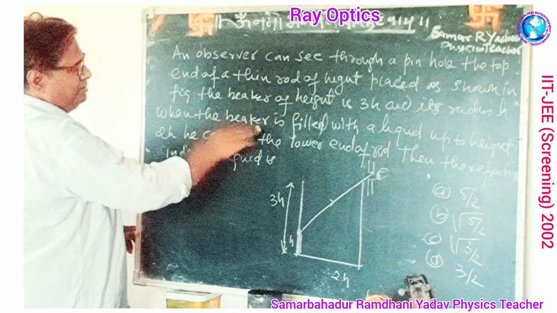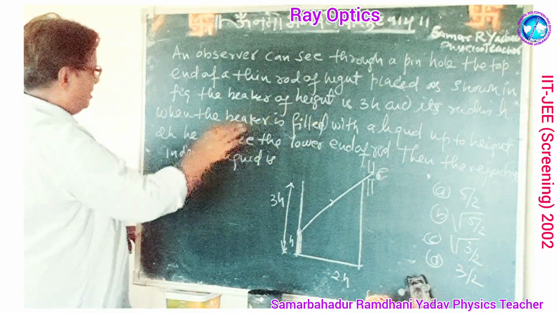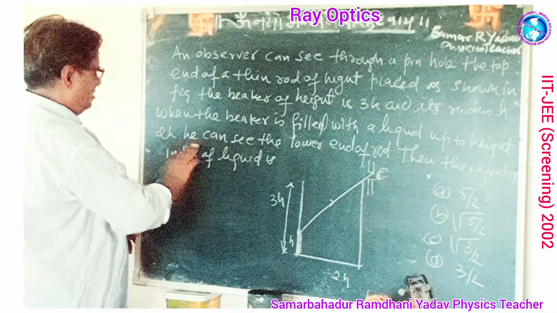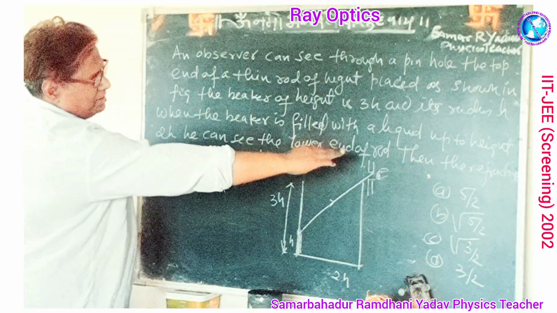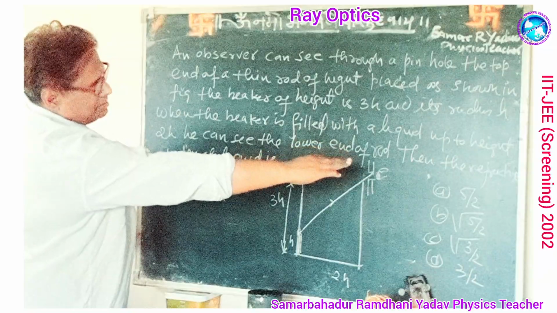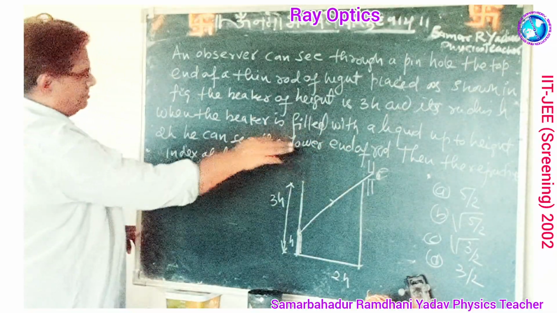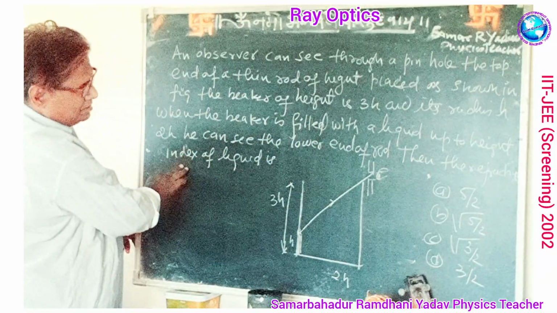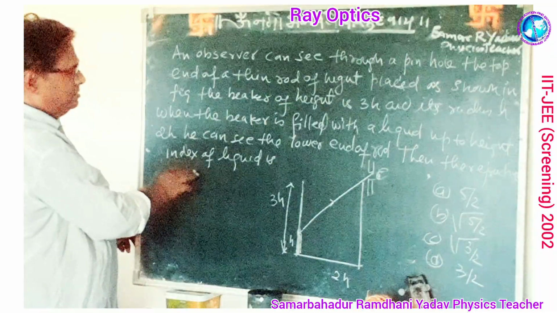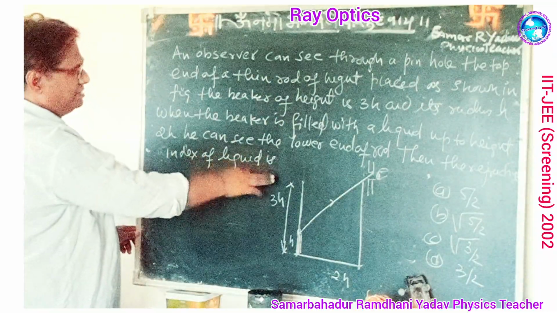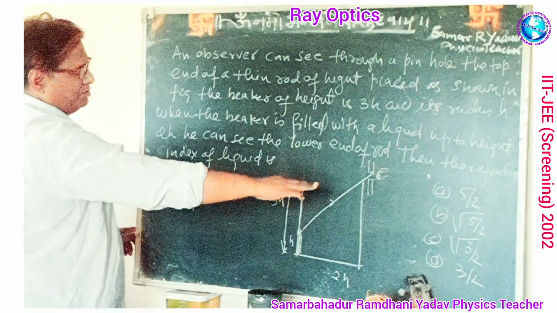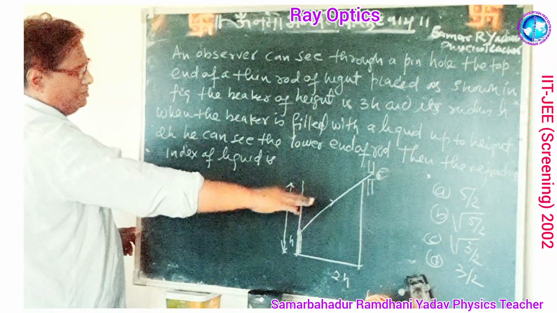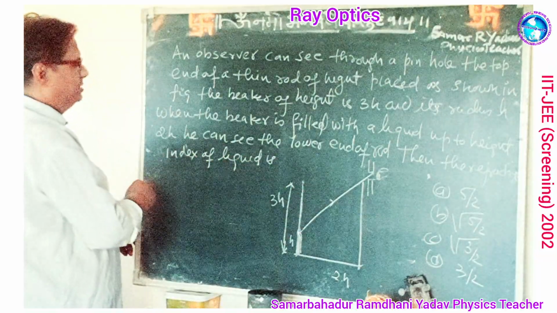When the beaker is filled with the liquid up to the height 2h, he can see the lower end of the rod. Then the refractive index of the liquid is dash. There are four options given: A 5 by 2, B root 5 by 2, C root 3 by 2, and D 3 by 2.